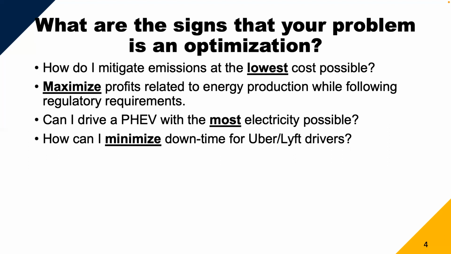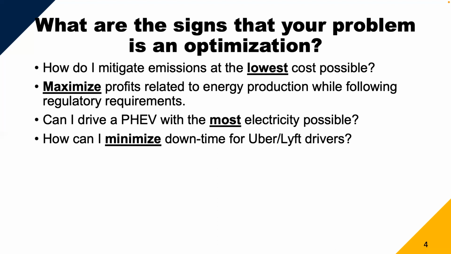How can I minimize downtime for Uber and Lyft drivers? So anytime you hear these words, maximize, minimize, lowest, highest, that's an indication that you have some kind of optimization problem where you're trying to achieve an objective that has a really high value or really low value.